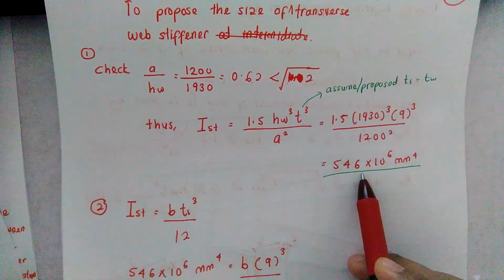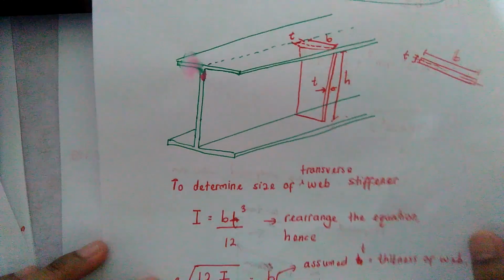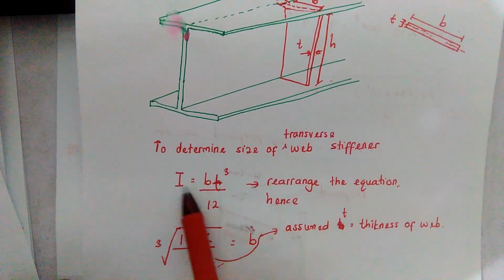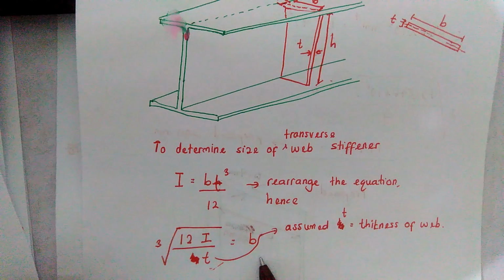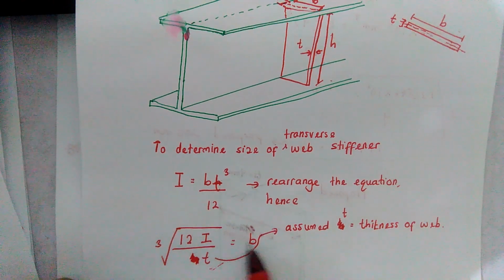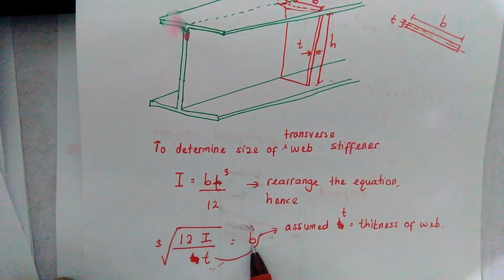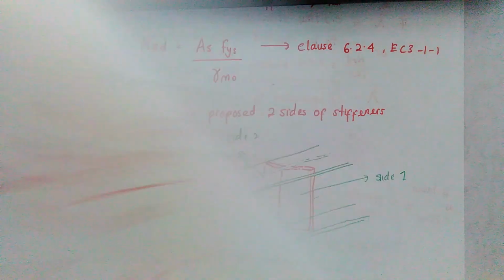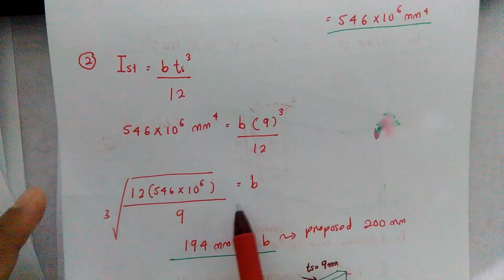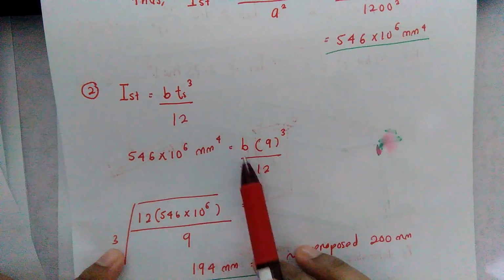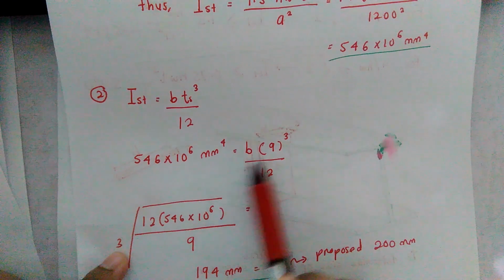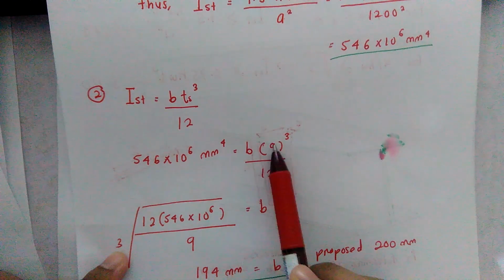This value you insert back in the equation we showed earlier, and you rearrange it to get B, because T is similar to the thickness of the web.